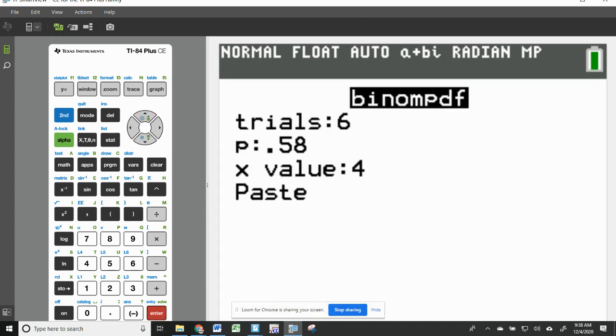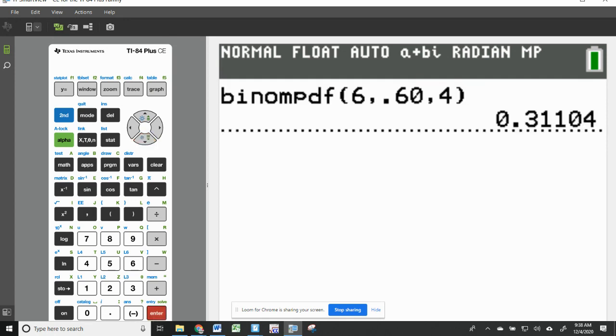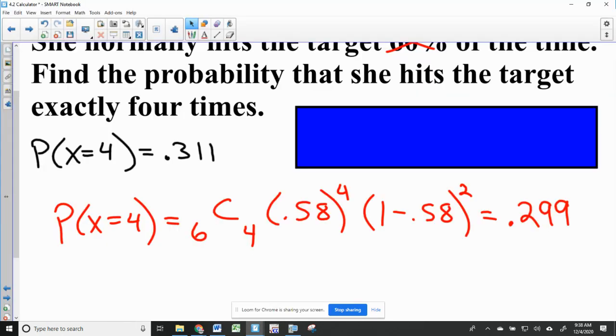You want PDF, not CDF. I'll show you what CDF is in a second, but that's something totally different, so you've got to be careful. Actually, we're going to say PDF for next week. You can do most of what you're doing with it. So, number of trials, your p, and then your x. So if this was 0.6, paste 0.311, which is the same thing we got here.